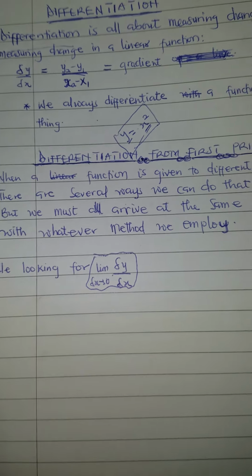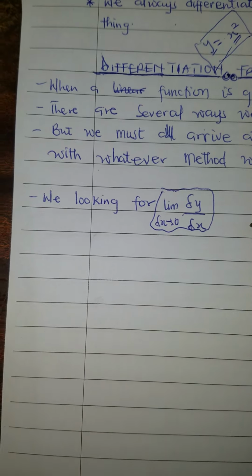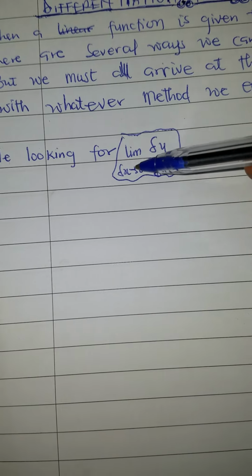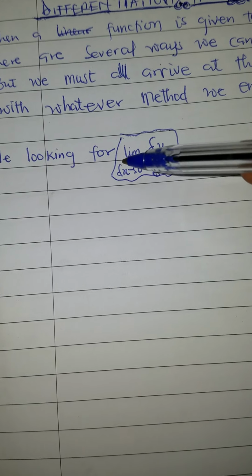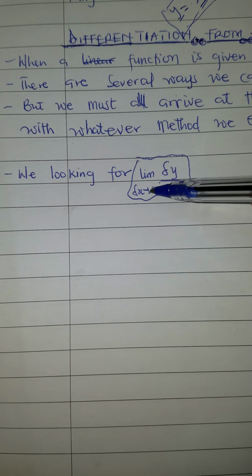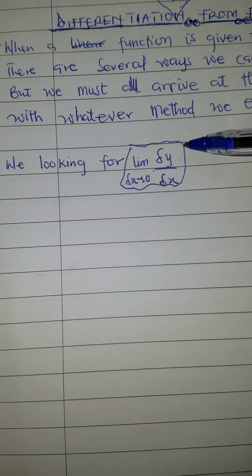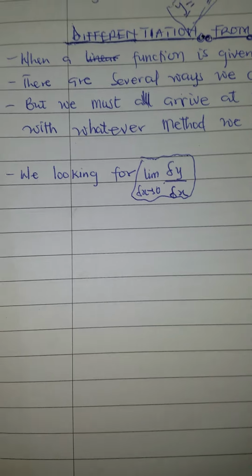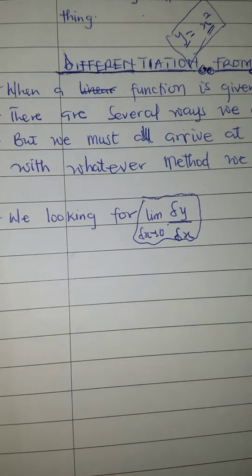Here, using the first principle, what we are looking for is the limit where change of x is approaching 0, of dy over dx. This is what we are looking for in a function which we are differentiating. So let's look at this.